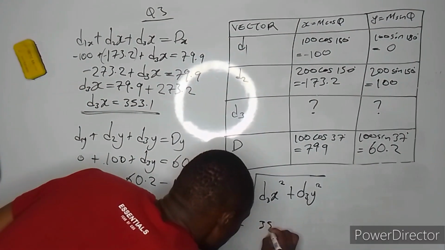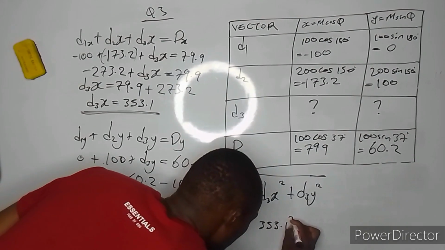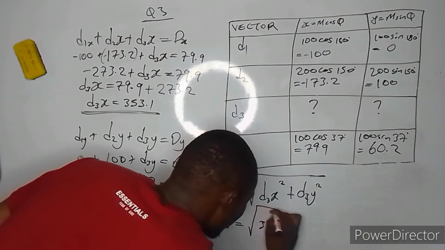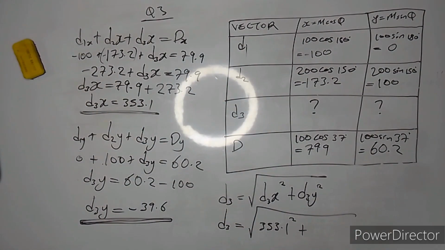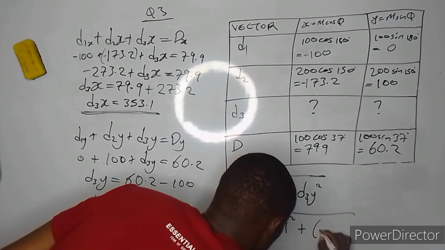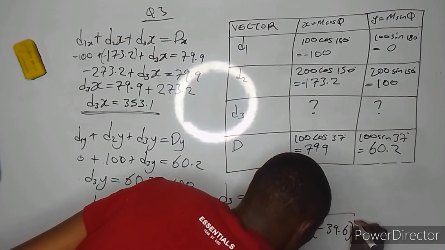353.1 squared. This must be squared under the proper square root. Then D3y, which is equal to negative 39.6 squared.